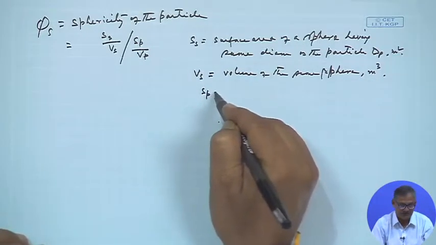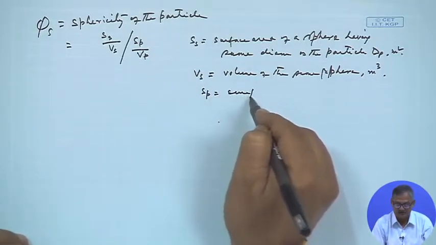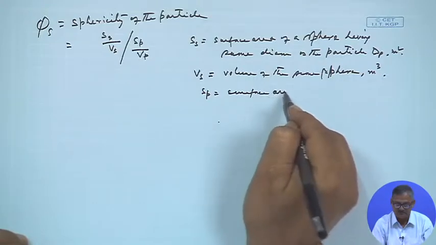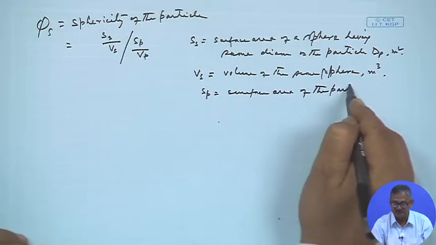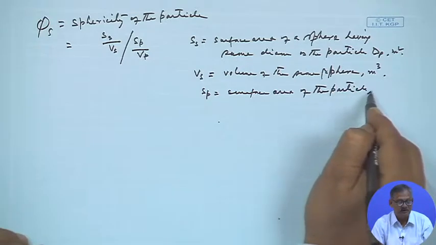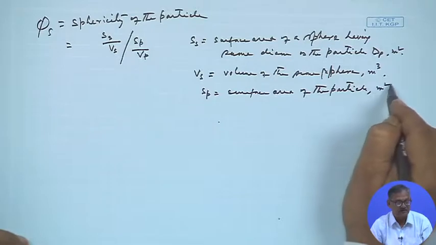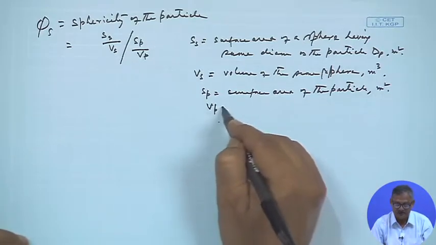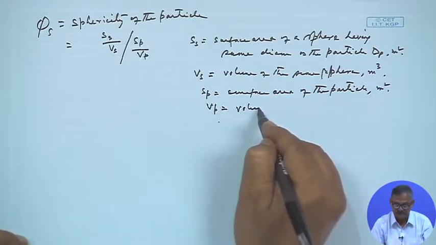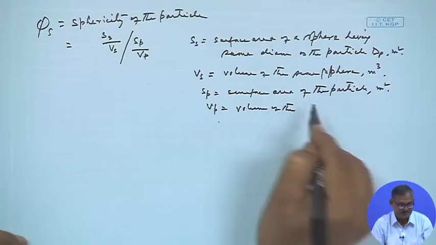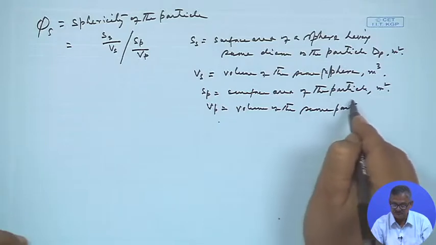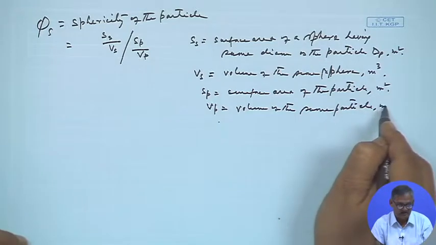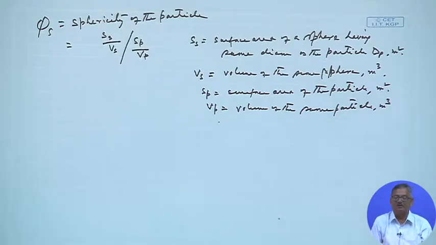SP is equal to surface area of the particle in meter square, and VP is the volume of the same particle in meter cube. Now, what do you understand by the term sphericity?